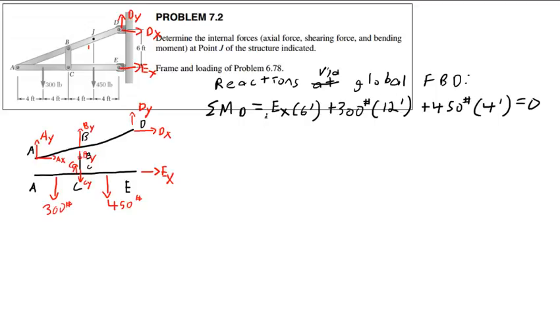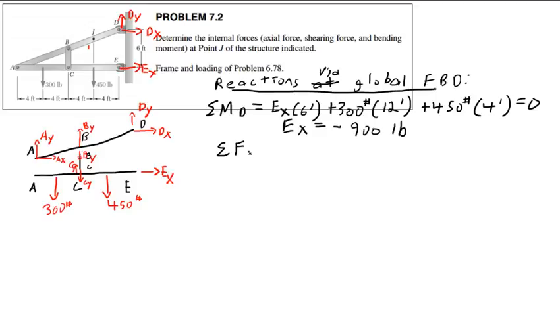All of this is equal to 0, and then EX will be negative. EX will be equal to, let's see, 300 times 12 plus 450 times 4 divided by 6, which is equal to negative 900 pounds. Negative 900 pounds.